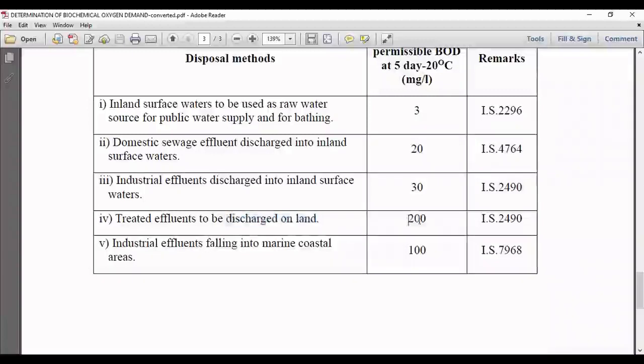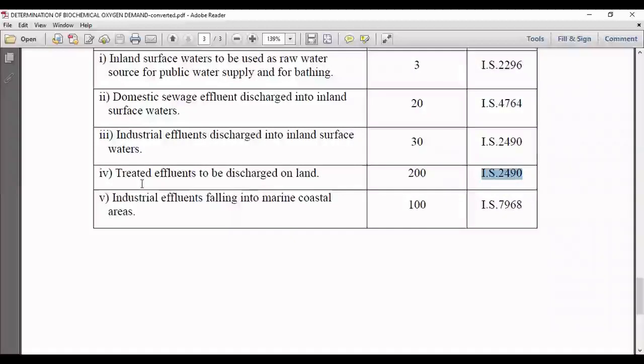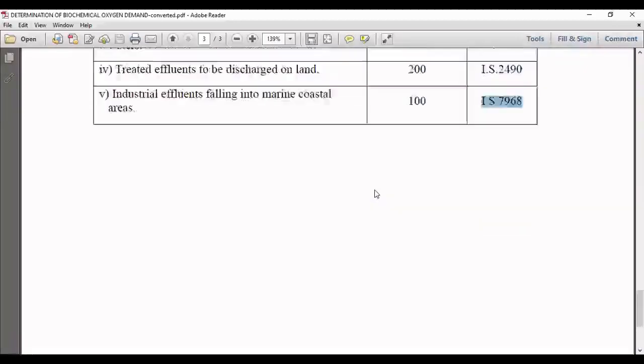You can have a BOD of not more than 200 mg per liter, and it has been given in IS 2490. Similarly, for industrial effluents discharged into the marine coastal area, the BOD should not be more than 100 mg per liter, and it has been given in IS 7968.